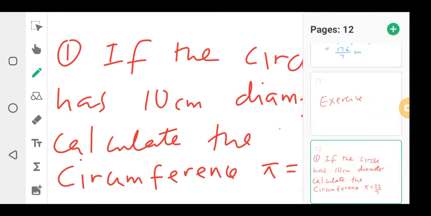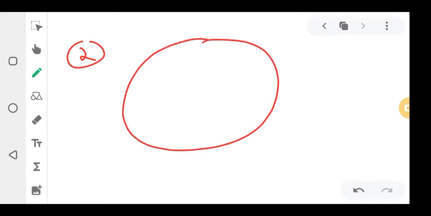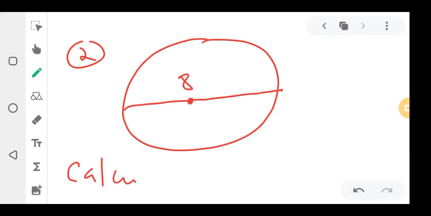That's question 1. Question 2, they have drawn for you a circle like this, which has got a diameter of 8. And then it says calculate the circumference.